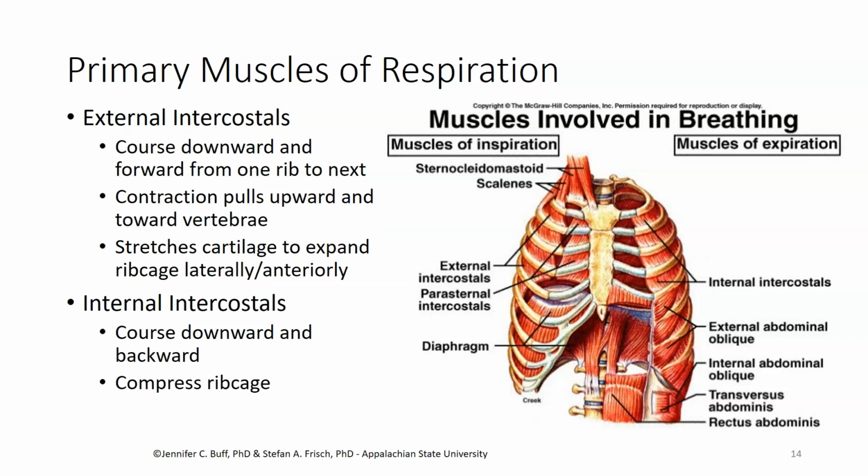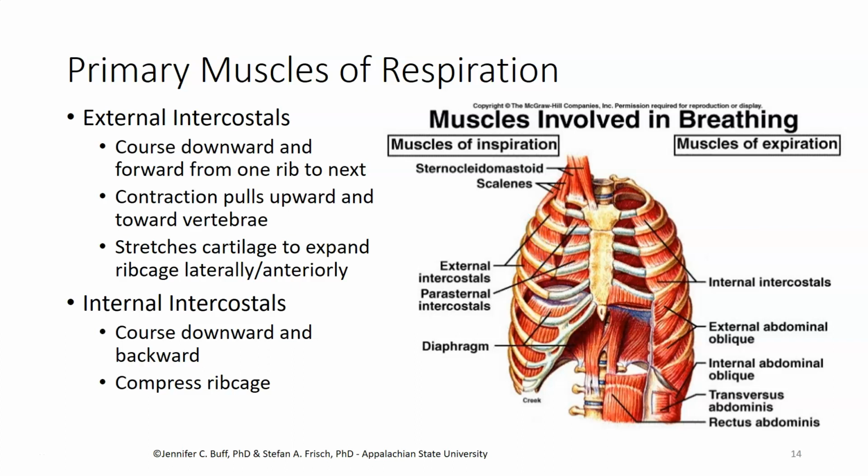The other major muscles for changing the space around the lungs are muscles in between the ribs. The external intercostal muscles course downward and forward from one rib to the next. As a result, contraction pulls the ribs upward and toward the vertebrae, which stretches the costal cartilage and expands the rib cage laterally and anteriorly.